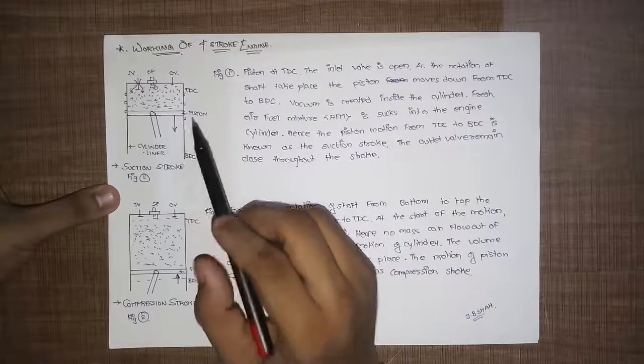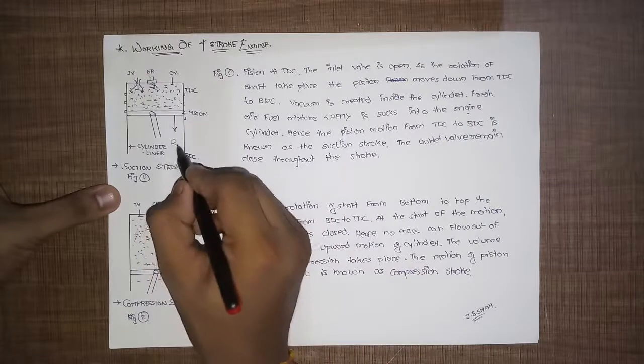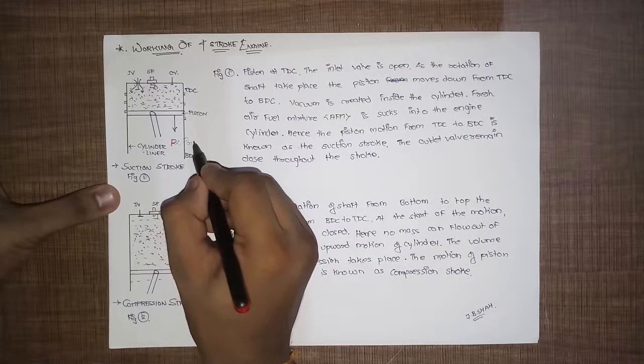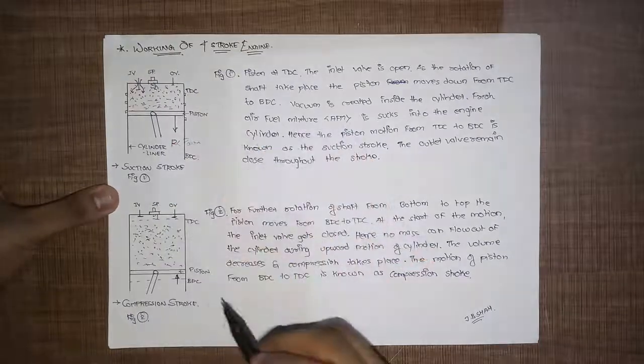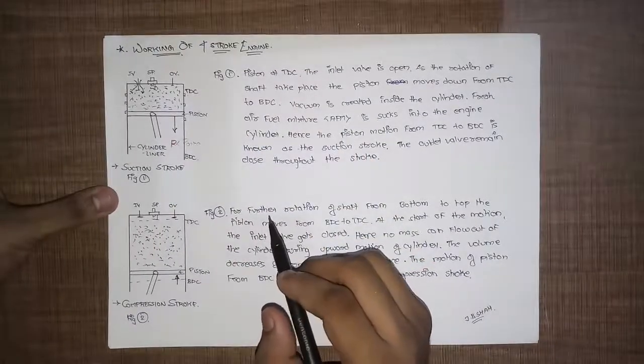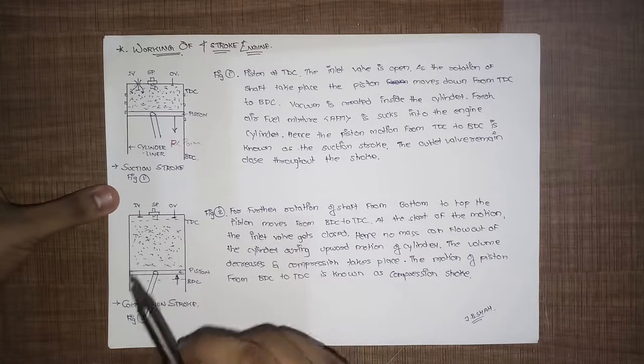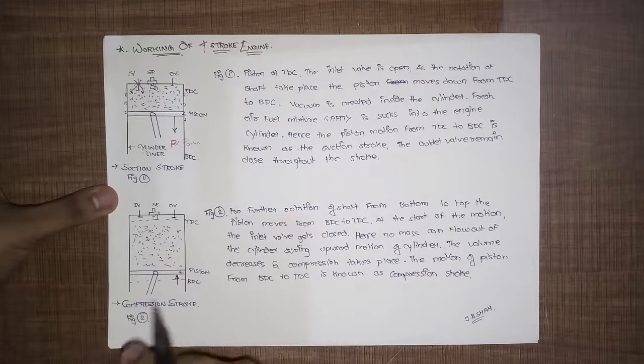Hence, the pressure inside the engine cylinder will be less than atmospheric pressure, so the fresh air fuel mixture can enter the engine cylinder. Throughout the suction stroke, the outlet valve remains closed. This was all about the suction stroke.